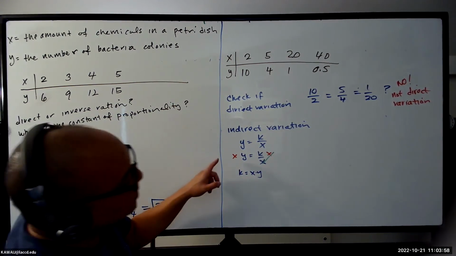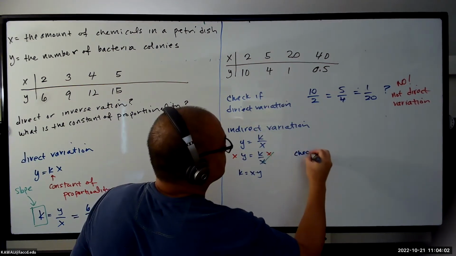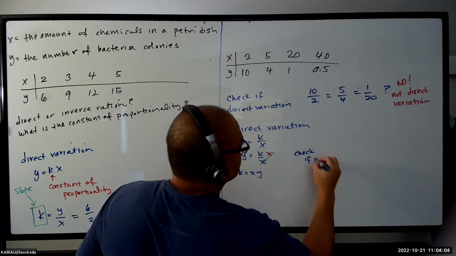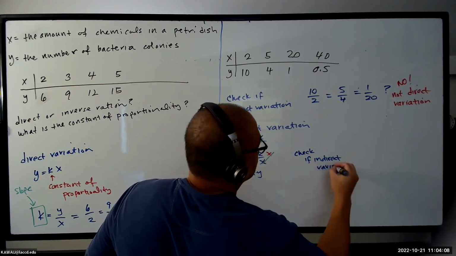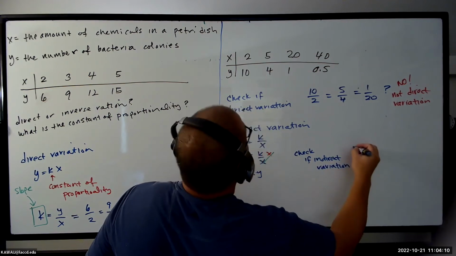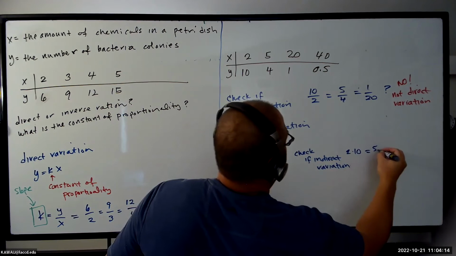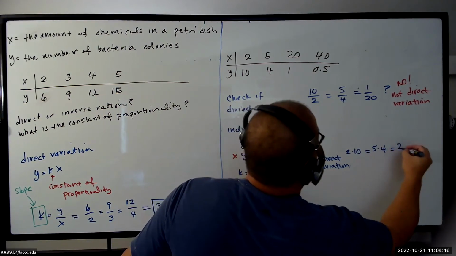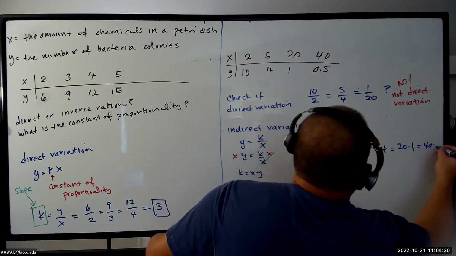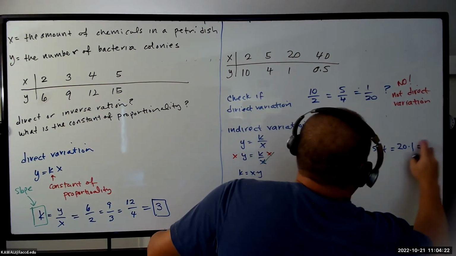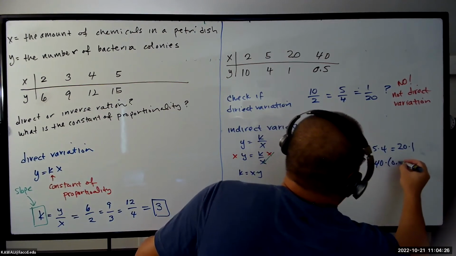So we can check if it's an indirect variation by multiplying. By just going, does 2 times 10 equal 5 times 4, equal 20 times 1, equal 40 times 0.5?